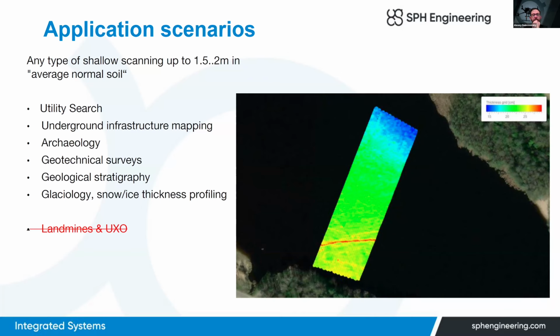That makes GPRs practically useless as a search tool, but they can be used as additional sensor to collect more information about targets detected by magnetometer or electromagnetic impulse detectors. But as search tools, they are absolutely useless.